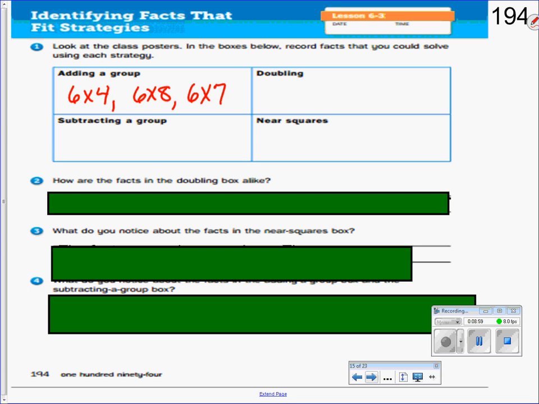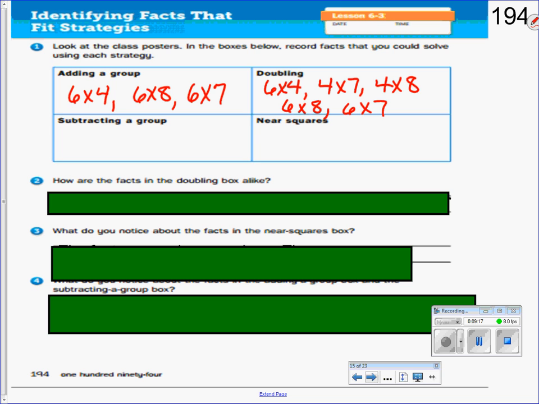In doubling, any number that has an even number in it, you could use 4 times 7, 4 times 8, 6 times 8, 6 times 7, any of those.